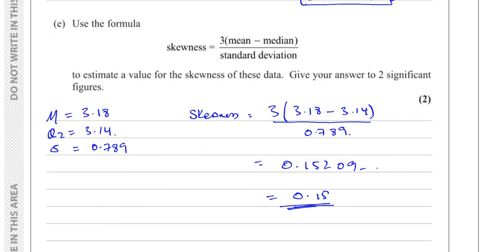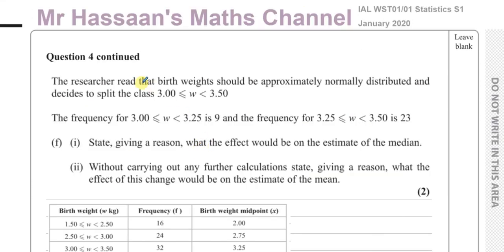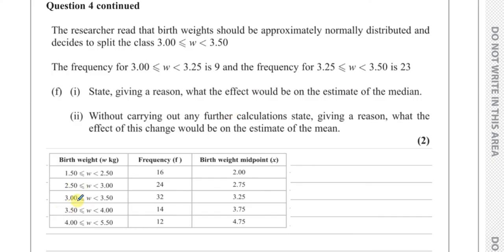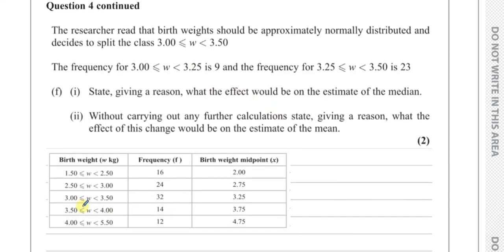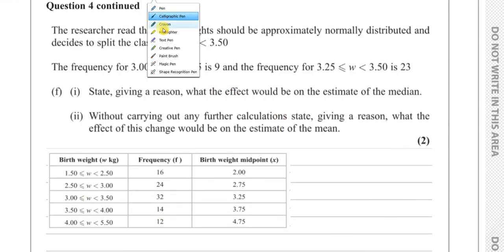Now for part F. Part F tells us the researcher read the birth weights should be approximately normally distributed and decides to split the class 3 to 3.5. So wants to split up the class 3 to 3.5. The frequency for 3 to 3.25 is 9. So split this group up into 2 different parts.